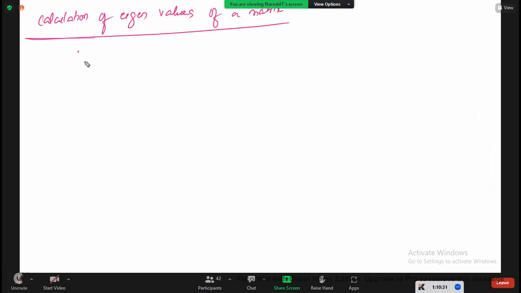That is nothing but det of A minus lambda I is equal to 0. Here, whatever the A is, A is your covariance matrix, where lambda is nothing but your eigenvalues.